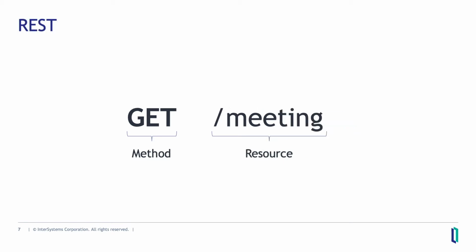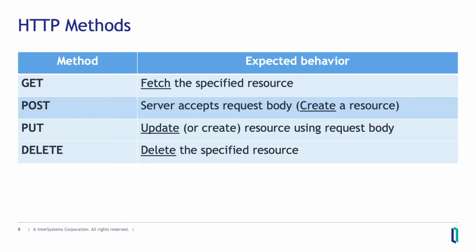Or as you're going to see later in one of my examples, a conference room reservation app. So meetings. You don't need to say get meeting as your resource because the method already describes the action that's going to be taken. So just decide on what your resources are, and then you can differentiate between different actions in your web service by changing the HTTP method using the same resource.